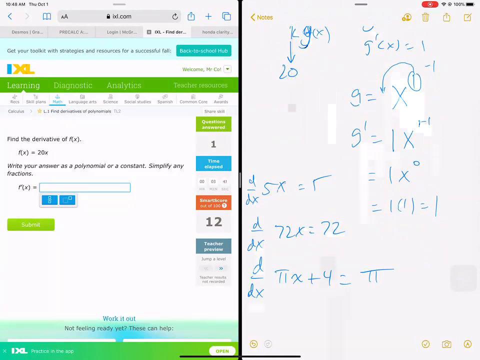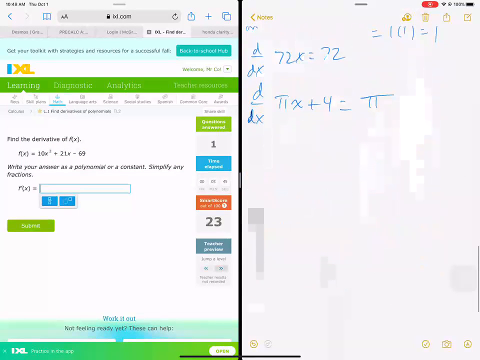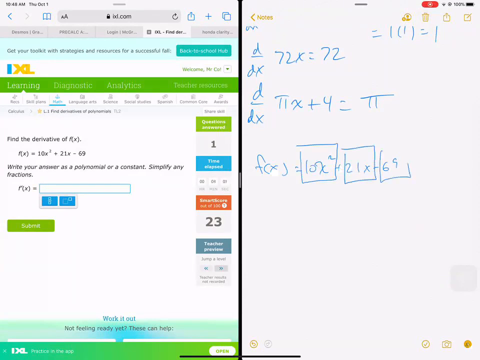Okay, let's move on. Jump just a little harder. So this problem looks slightly harder. F of x is 10x squared plus 21x minus 69. Now, as an FYI, remember this, whenever there's a plus sign, you treat the problem separately. So the derivative of 10x squared, follow the power rule.